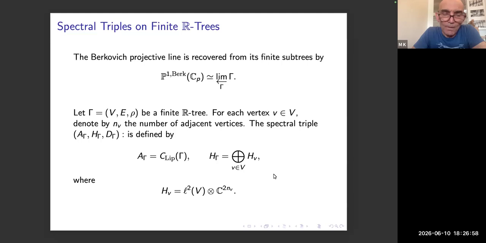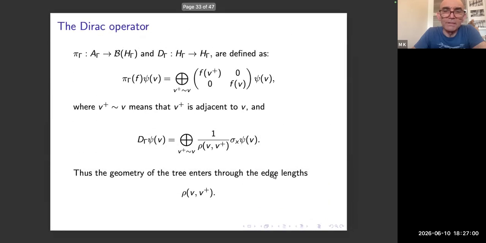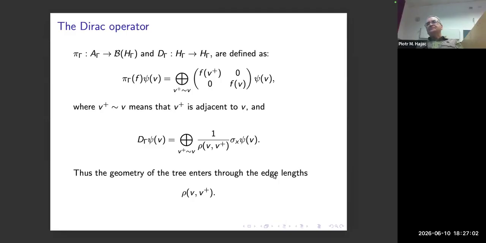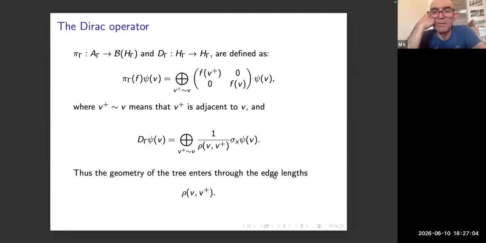And the Dirac operator is basically defined so that the distance between vertices comes into the definition of the Dirac operator as 1 over the distance.